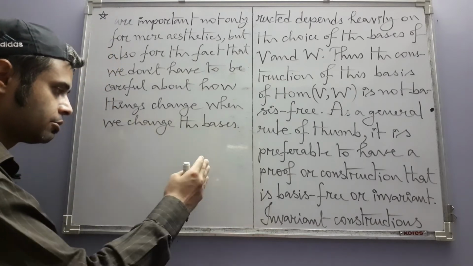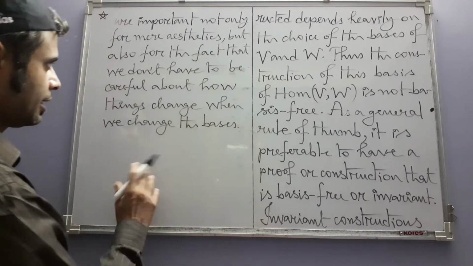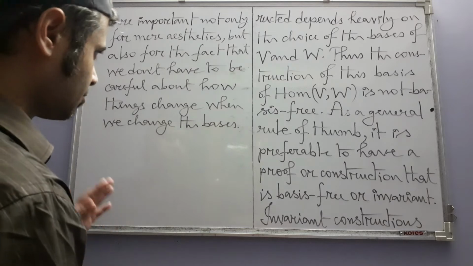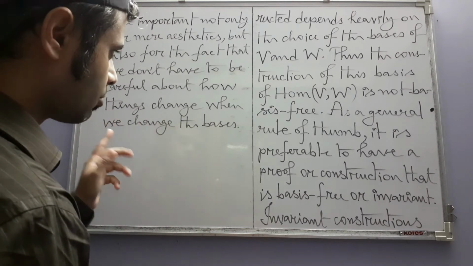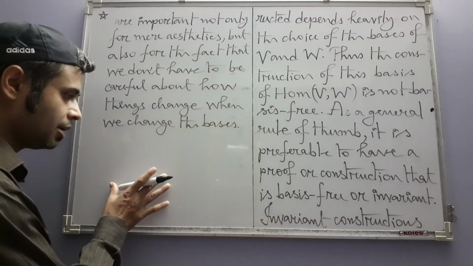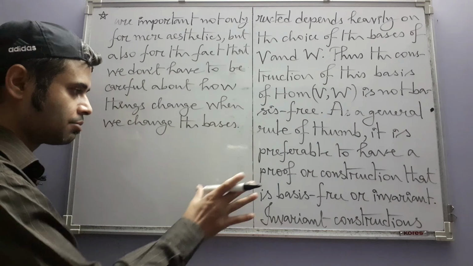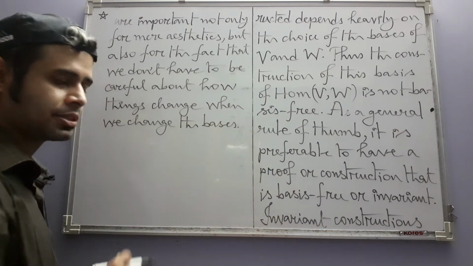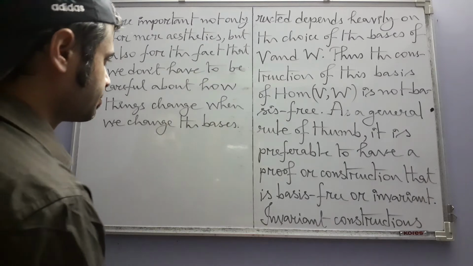You will just simply choose a basis and achieve whatever you want to construct. But if your proof or construction is not invariant, then you have to be very careful in choosing those bases. You may have to choose some special basis so that your proof or your construction works.